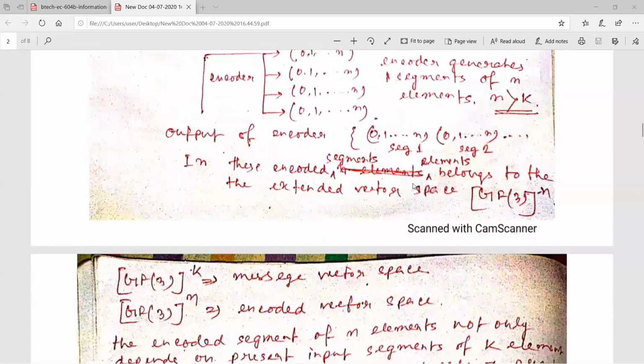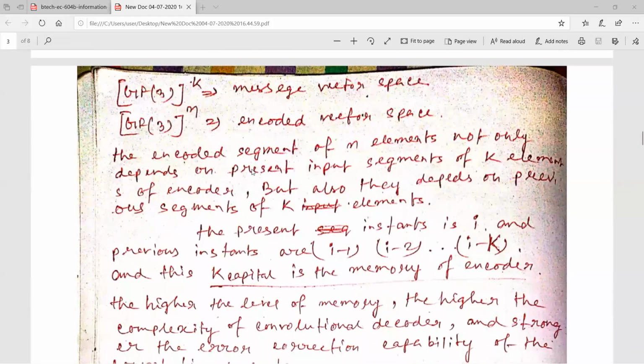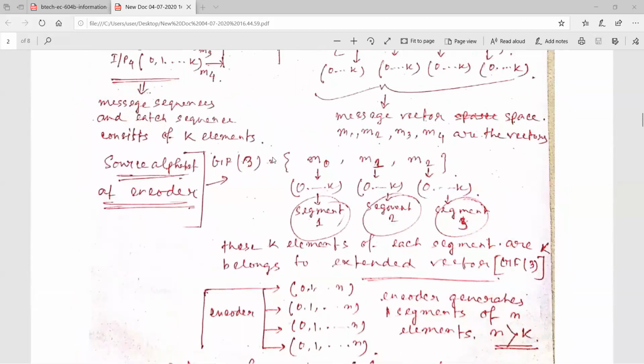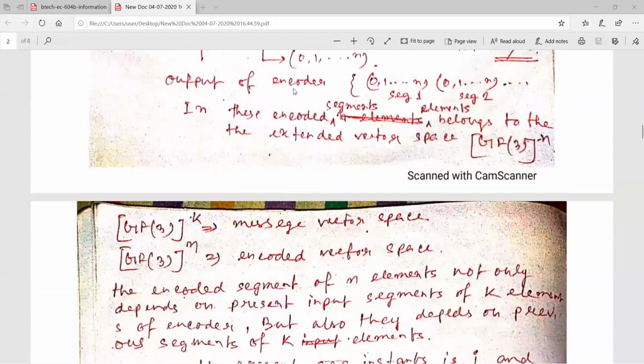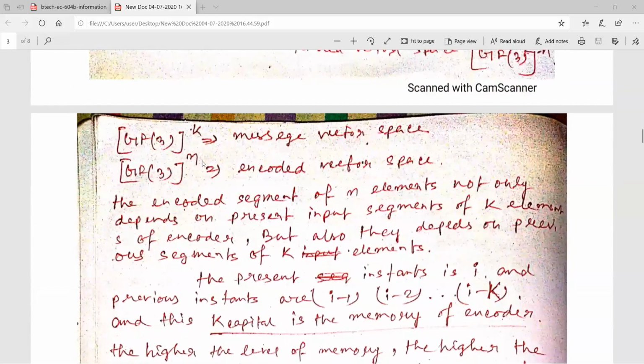From the next page, GF3 to the power k is defined as the message vector space, the total vector space. We are taking 3 here, but generally this is represented as GFQ, in the general form.